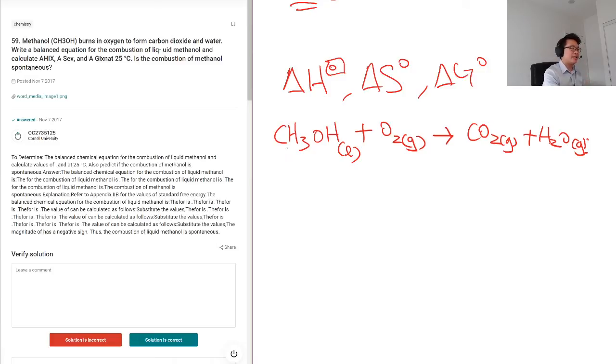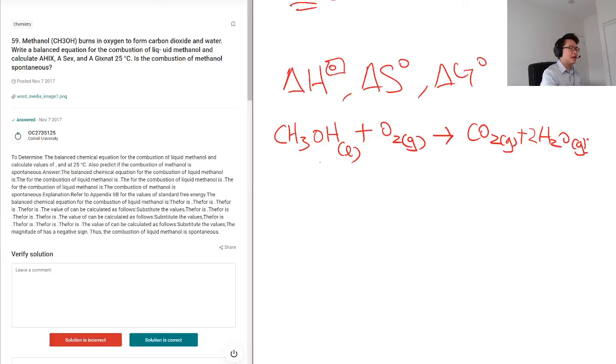On the left, we have 1 carbon, and we have 1 carbon from CO2, that is fine. And then on the left, we have 4 hydrogens. On the right, we only have 2 hydrogens. So we have to put 2 in front of water to make sure we have the same number of hydrogens. So we have 4 hydrogens on the right, and 4 hydrogens on the left.